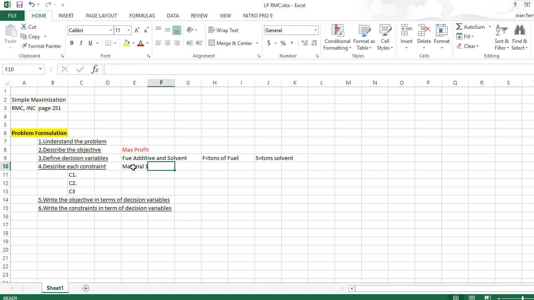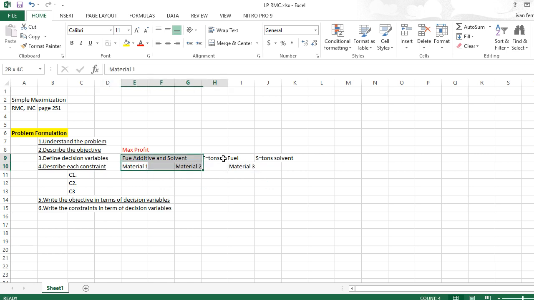Material 1, material 2, and material 3. So it seems this fuel and this solvent, both of them are made with 3 materials. It could be 3 resources, it could be 3 compounds, 3 materials, okay? Number 1, 2, and 3.